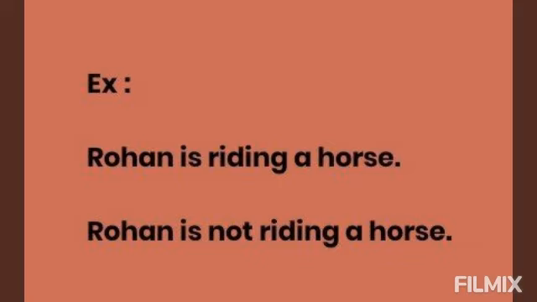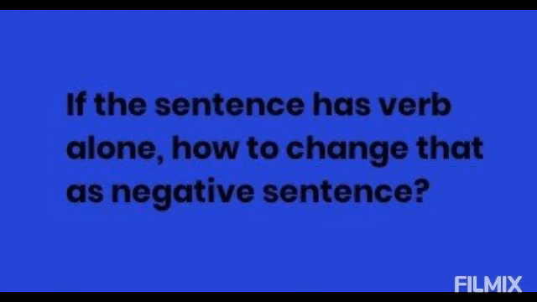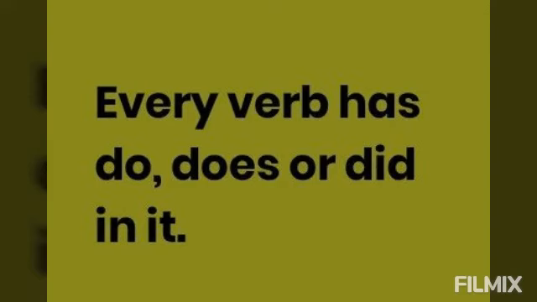Okay, children. If suppose the sentence has a verb alone, how do we change that into negative? Yes, we have to split the verb. We already learnt about splitting the verb in our previous grammar class, isn't it? Yes, every verb has do, does or did in it.